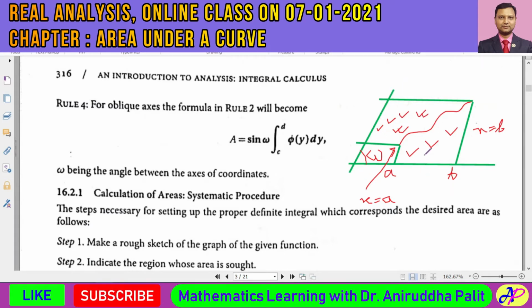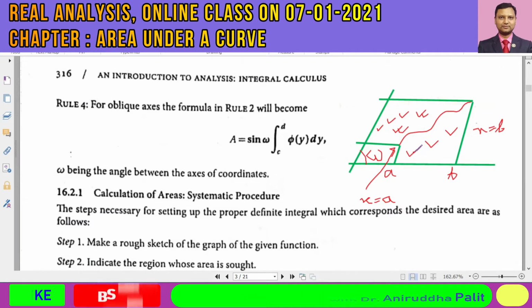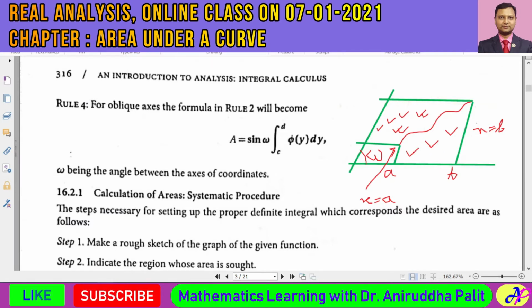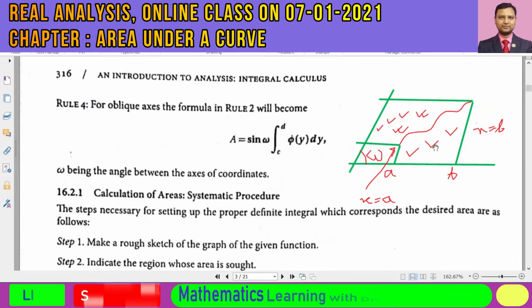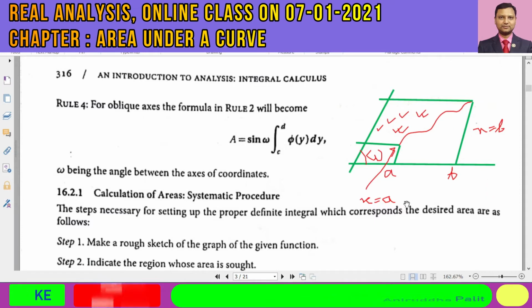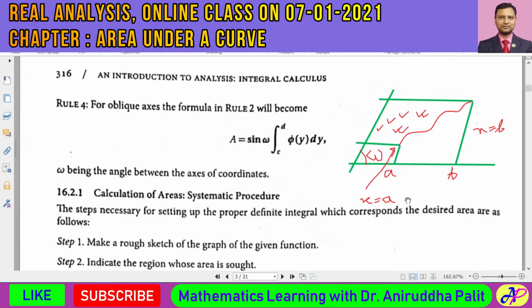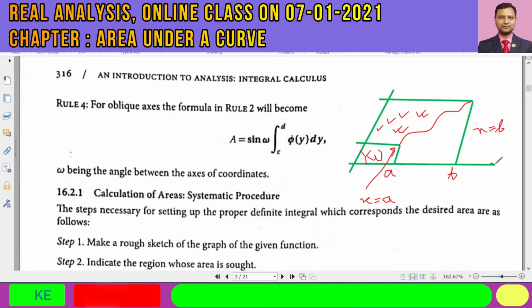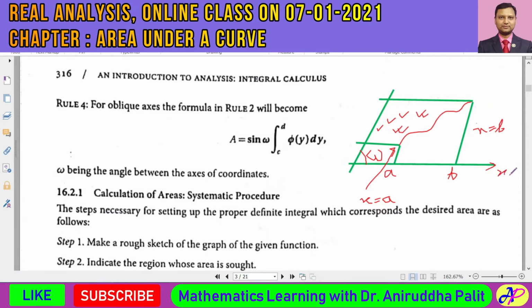This was the area bounded by the x-axis. Let me delete this. Hopefully this will be a bit clearer to you. So this was the area under this curve bounded by the x-axis. This was our x-axis, and this is our y-axis.